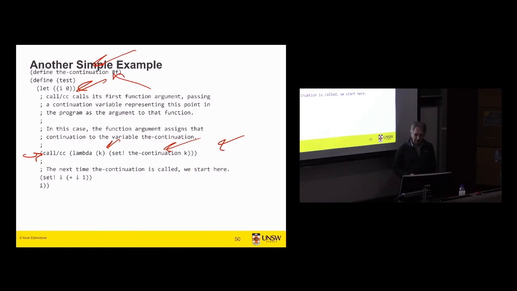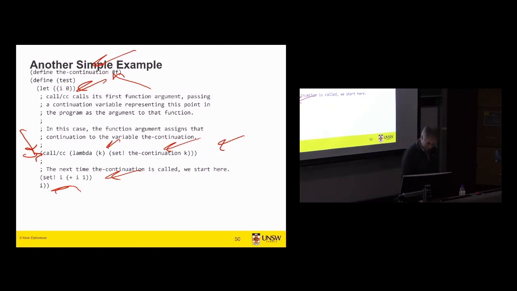So what we've got at this point in test is we've snaffled away a continuation representing the execution at this particular point in time in a variable. Okay? Then we increment I, and we return I. Okay? So that, I think, is relatively straightforward. We've saved the continuation that represents this particular point here, and we've incremented I and returned it.